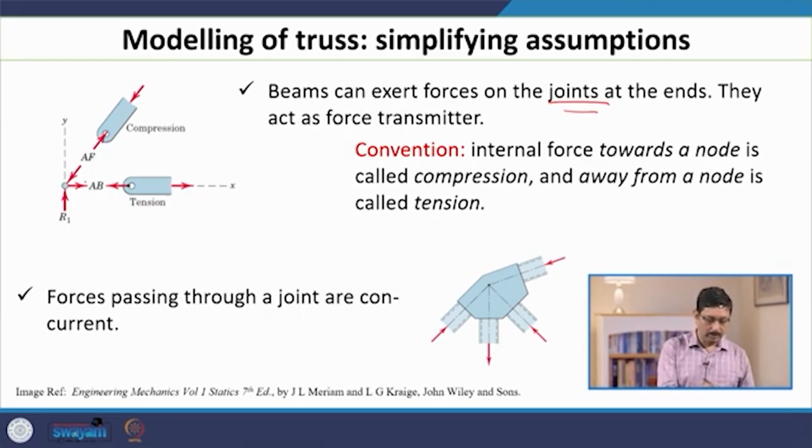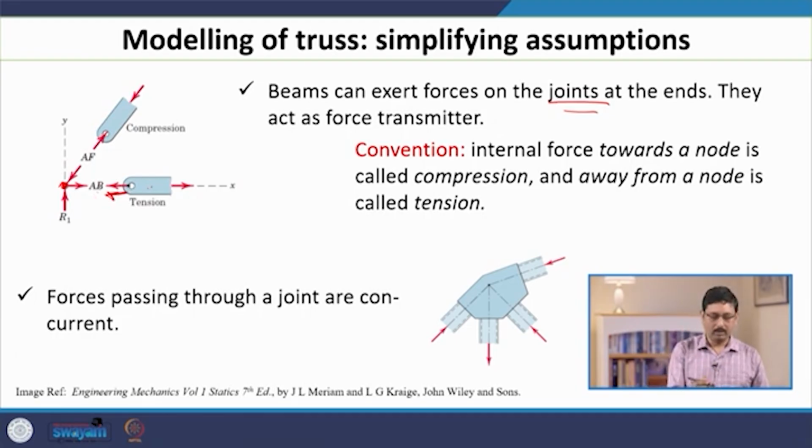So, for example, if I look at this diagram, let us say there are these two beams which are joined at this point at the support, a common support, which is also called a node. Then this force is the force by the node on this particular beam, and this force is the force on the beam by this joint.